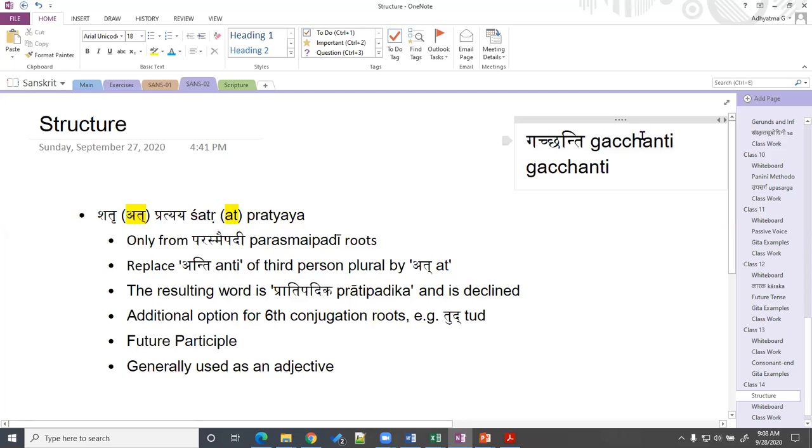So this anti, you will make it at. Gachat.